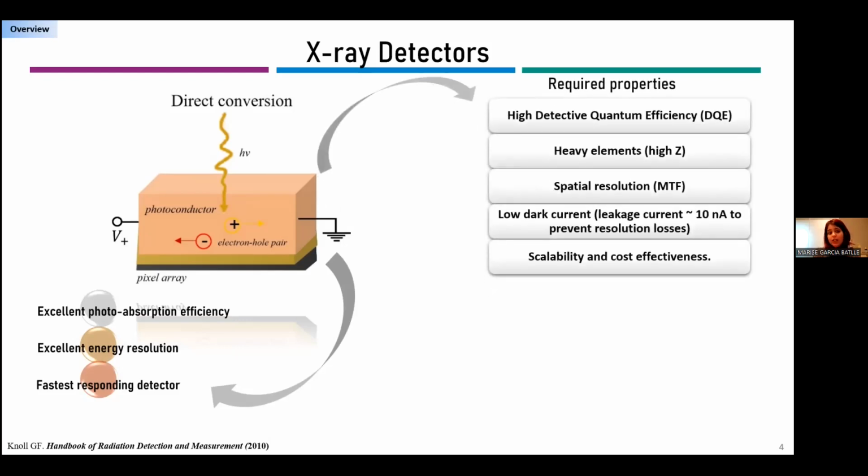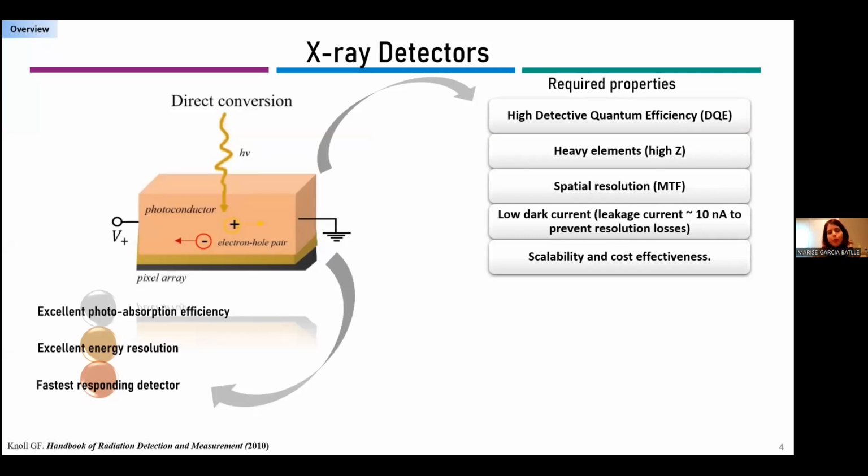Of course, in order to use those devices, they need to fulfill certain properties. Some of the properties I have added here in this slide. These devices work under high electric fields, so we need to use material with high atomic numbers. Then any device for this purpose needs a high efficiency of conversion, and spatial resolution, which is connected to the quality of the X-ray image.